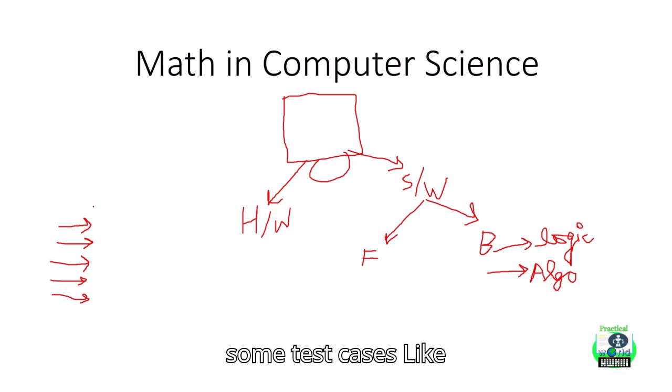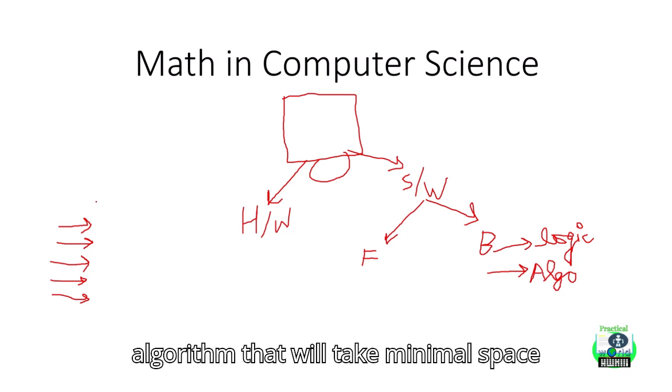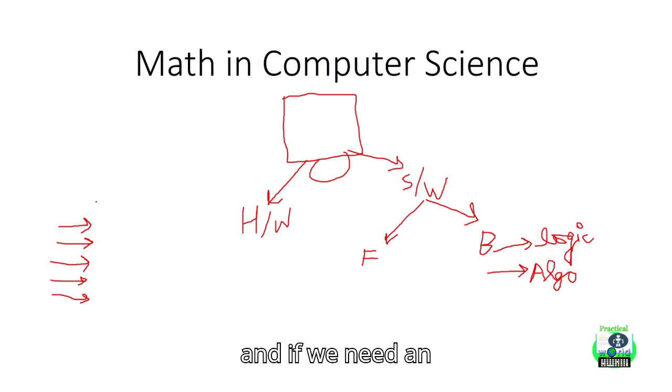If we want to save space, we will choose an algorithm that takes minimal space. And if we need an algorithm which executes very fast, we will choose an algorithm which has less time cost.